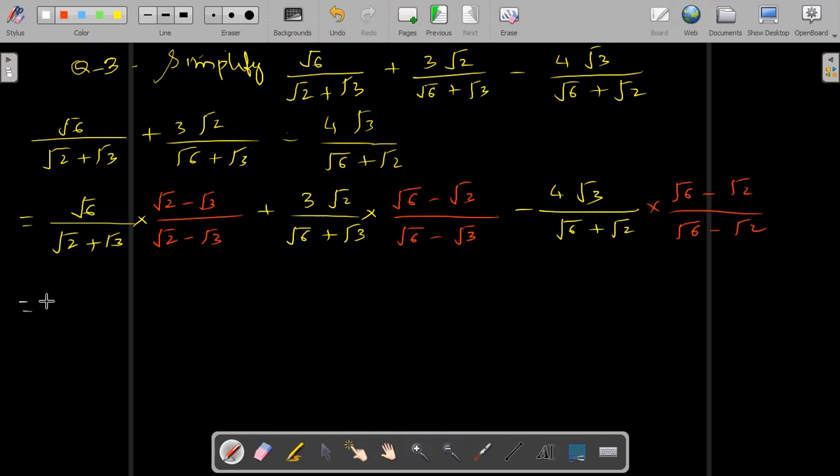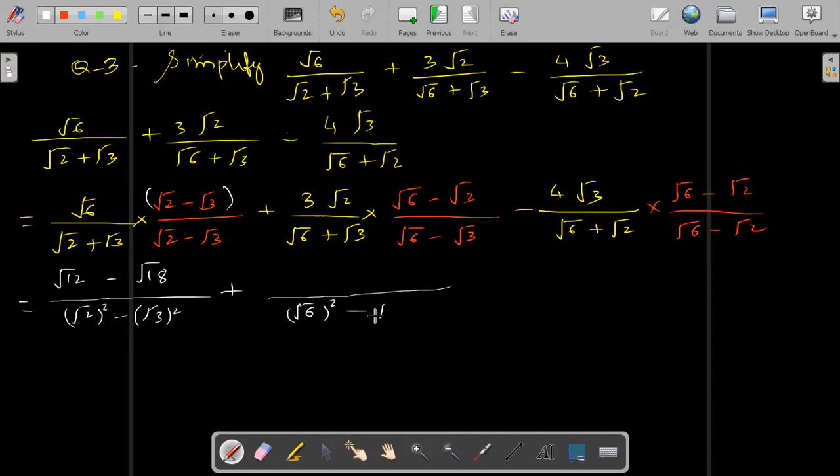The denominator will become root 2 squared minus root 3 squared, and root 6 will multiply with this: root 6 times root 2 is root 12, minus root 6 times root 3 is root 18. Similarly here it will become root 6 squared minus root 3 squared, and this 3 root 2 will multiply with root 6, so this will become 3 root 12, written in the same root, and minus 3 root 3.